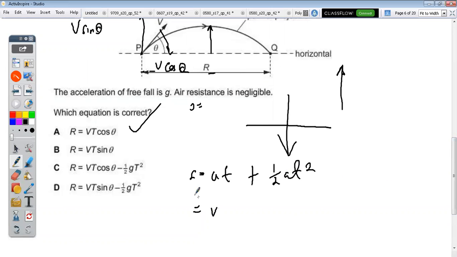So it's V sine theta, because now it's moving in the vertical, multiplied by T minus, because now I'm moving against gravity, half gt squared. This one here is for the maximum height that this projectile will reach. Clear? Make sense?